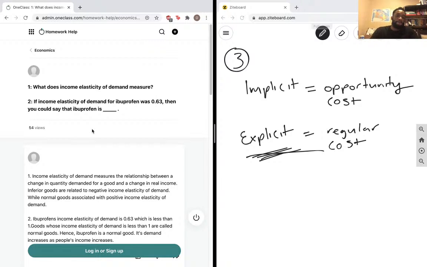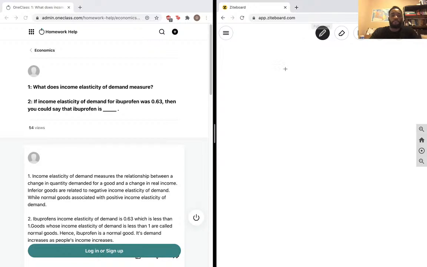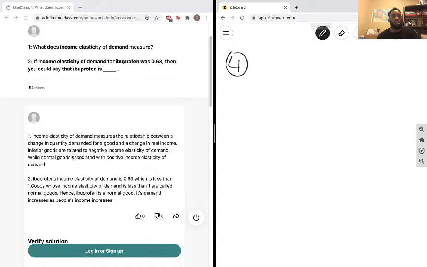All right, question number 4. What does income elasticity of demand measure? Here it says income elasticity of demand measures the relationship between a change in quantity demanded for a good and a change in real income.